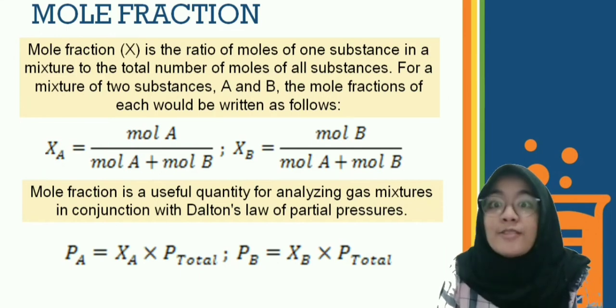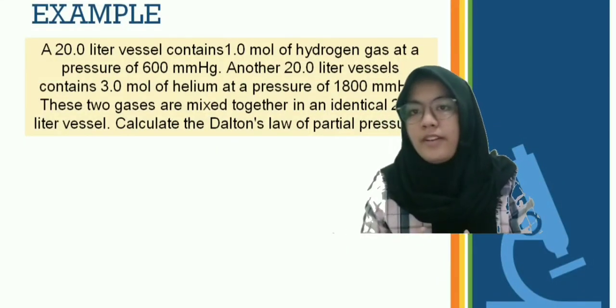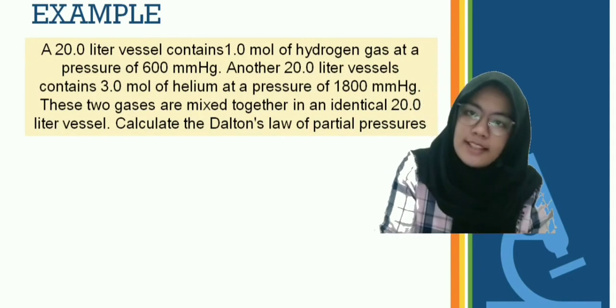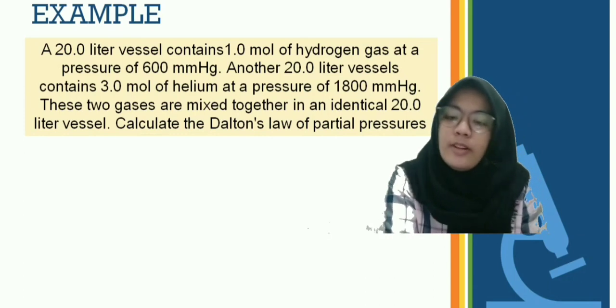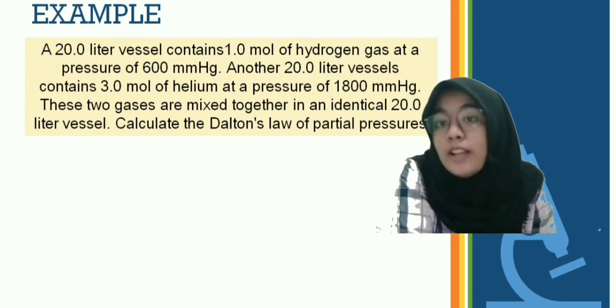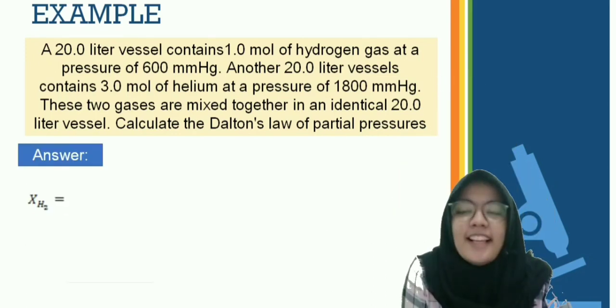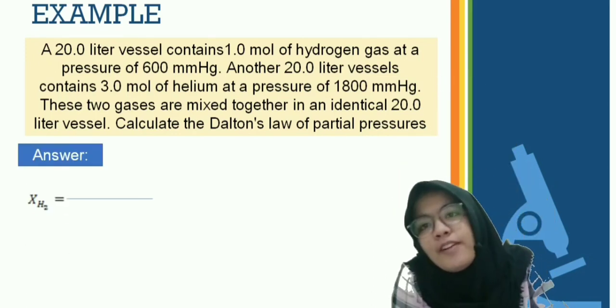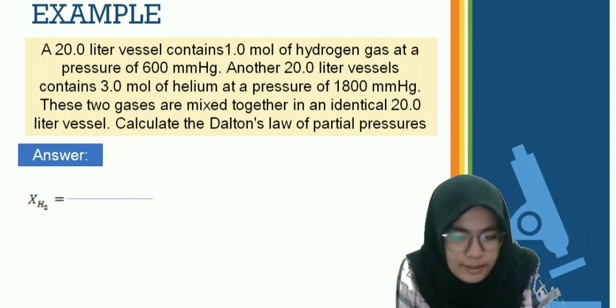Next, with this calculation we will answer our example. Example for the mole fraction. You can see the question. The question asks to calculate using Dalton's law of partial pressure. First thing first, we have to find the mole fraction of the hydrogen gas.